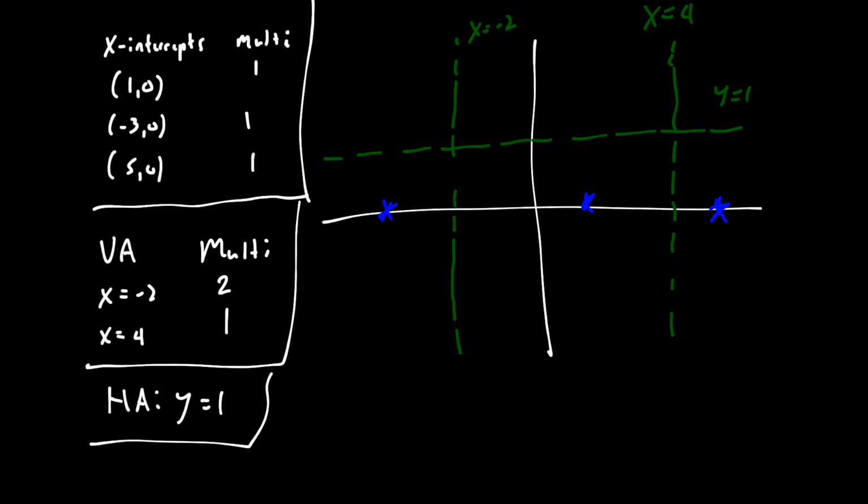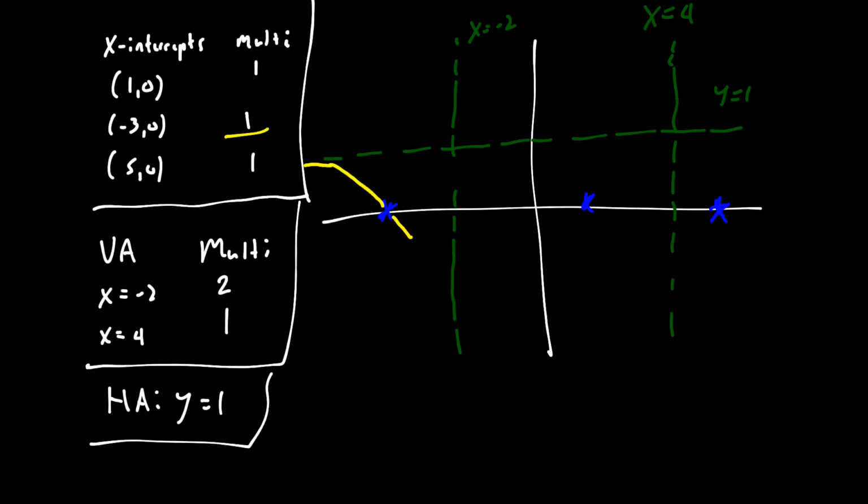So now we want to sketch a picture of our graph. We know that the horizontal asymptote is more or less telling us what's occurring at negative infinity and positive infinity on our graph. So if we go from left to right, on the very left, our graph is very close to our horizontal asymptote, and it first hits the x-axis at our x-intercept. Since our x-intercept has odd multiplicity, our graph is going to cross.